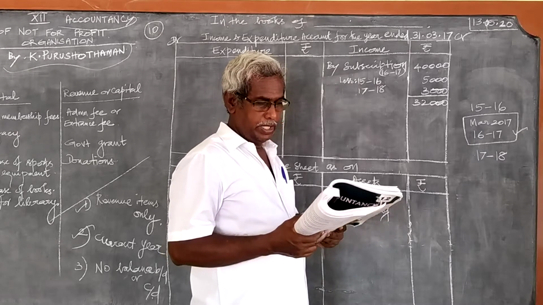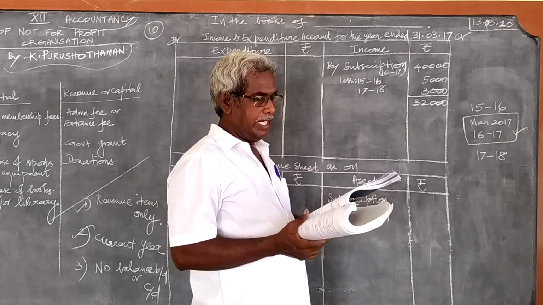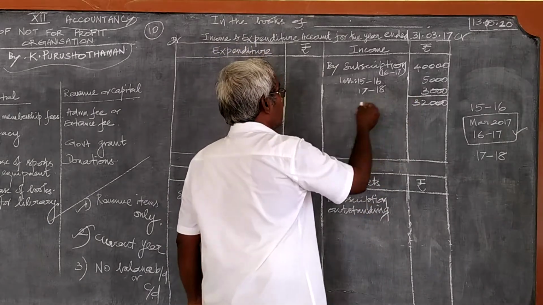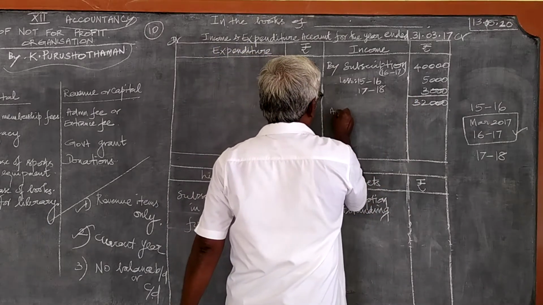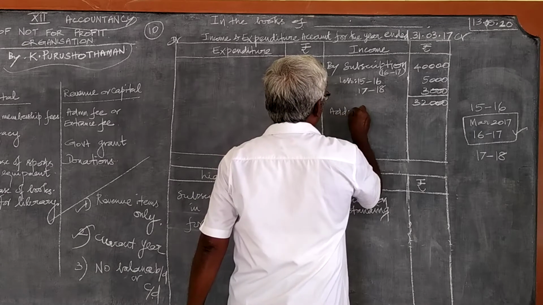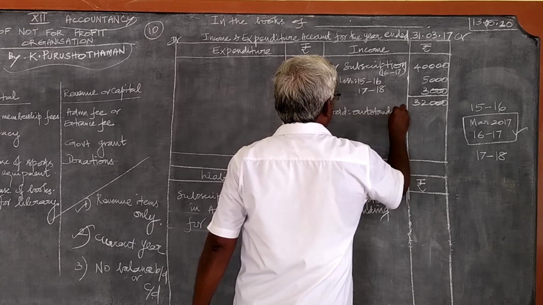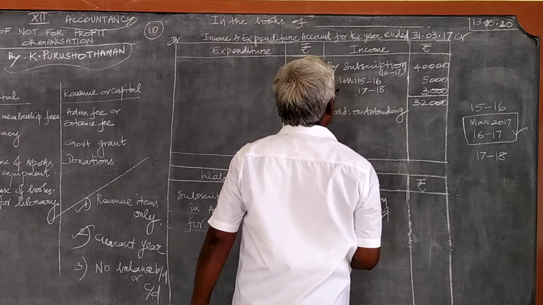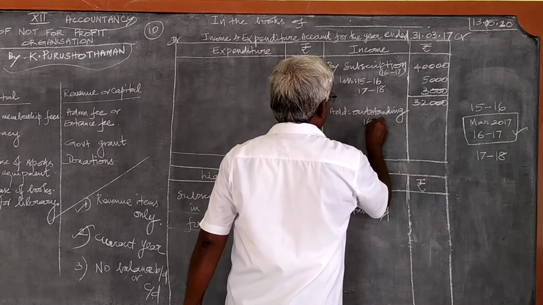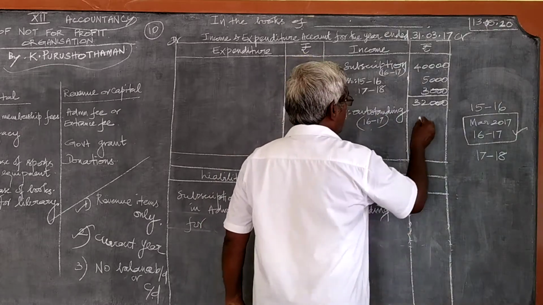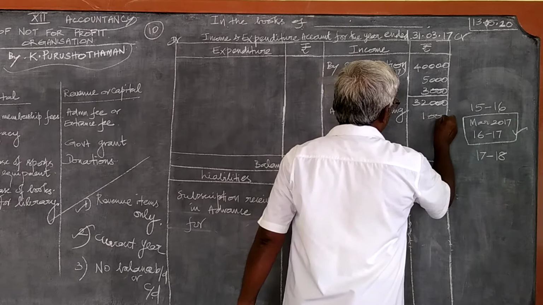And what else is given? Subscription of rupees 1,000 is still outstanding for the year 16-17. So add the outstanding. How much is still outstanding for the year 16-17? 1,000 rupees.